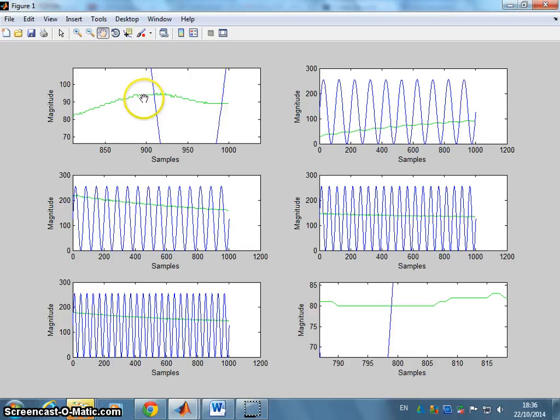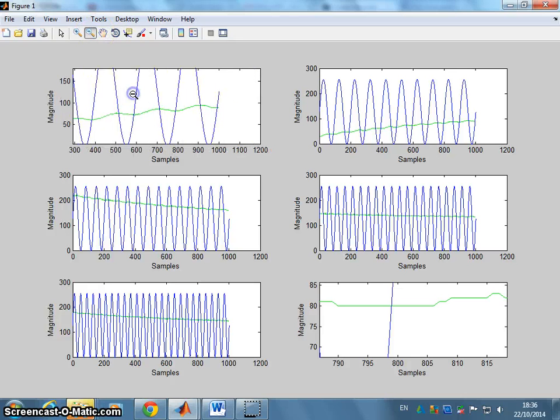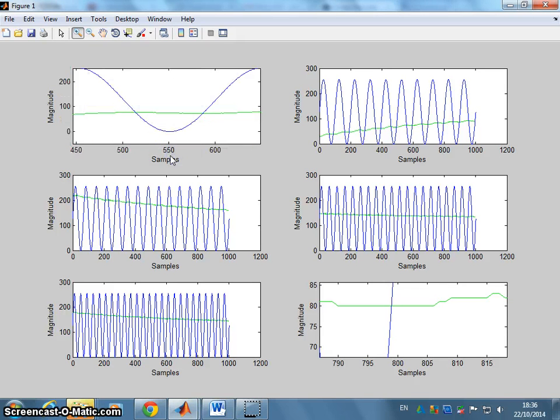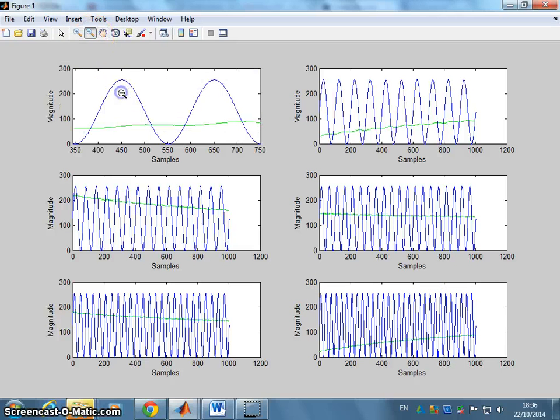We can see that the amplitude in one cycle is much smaller here than it is in fact on the first plot.